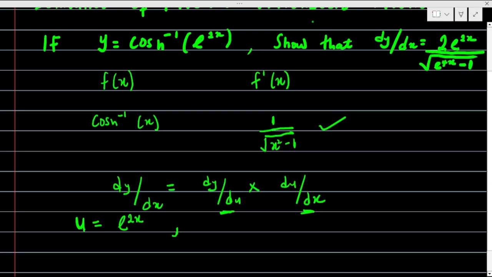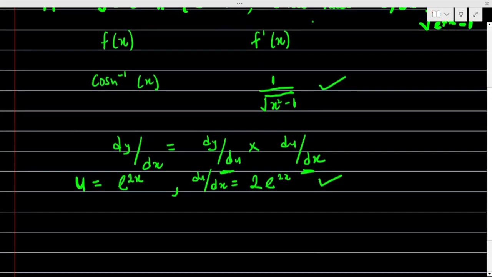If my u is equal to e raised to power 2x, what is my du/dx? Can you see? So my du/dx will just be, we already know how to solve this, 2e raised to power 2x. Noted, right? Very good.